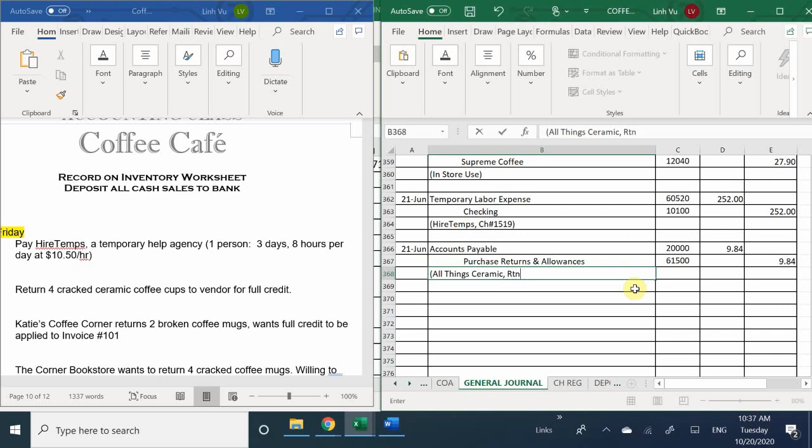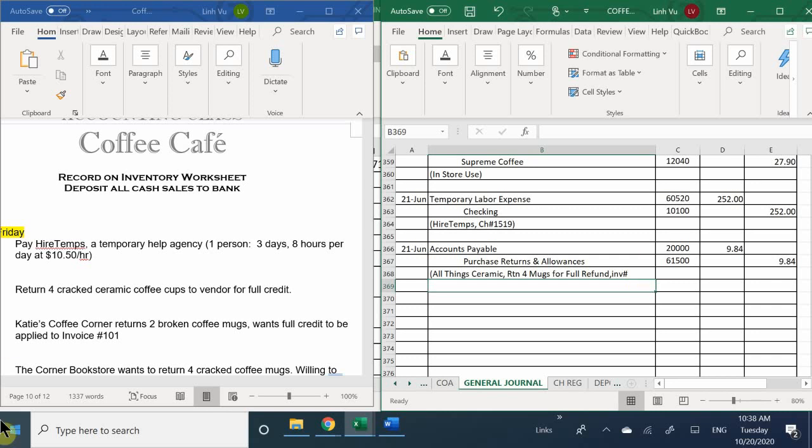I guess return 4 mugs for full refund. Okay, and it would be helpful to also have the invoice number, but I don't know what the invoice number is just yet. So we can always come back and fix this. Right? Invoice number, what? Okay.